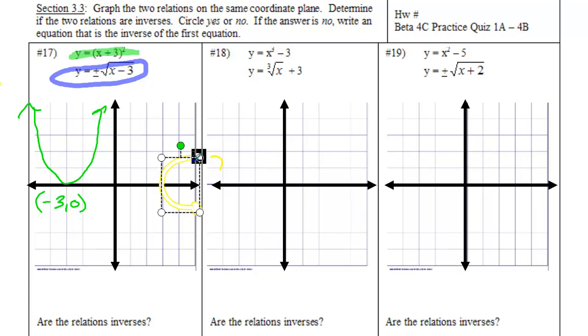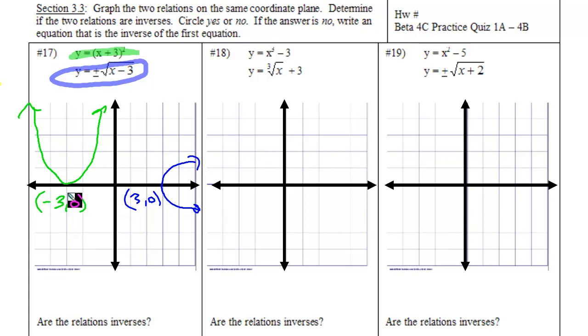I don't want to get off to the side here, so I'll pull this back a little bit. Also, don't want that to be yellow. Make it blue. So this vertex also is 3, 0. Are these inverses? Here's a quick way to know that they're not for sure.